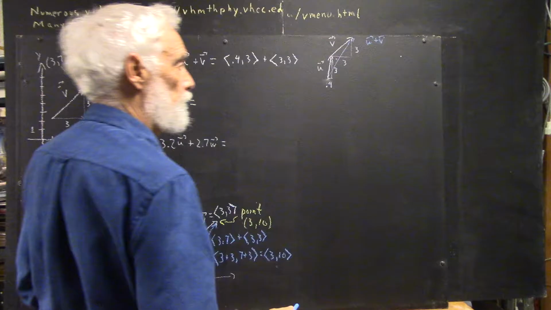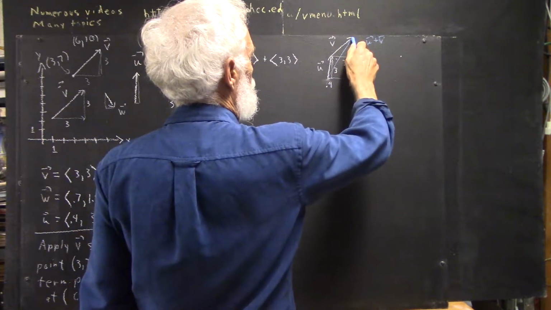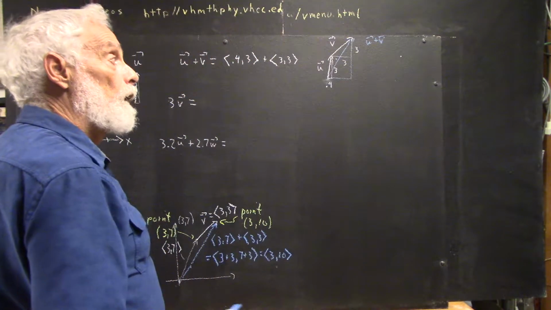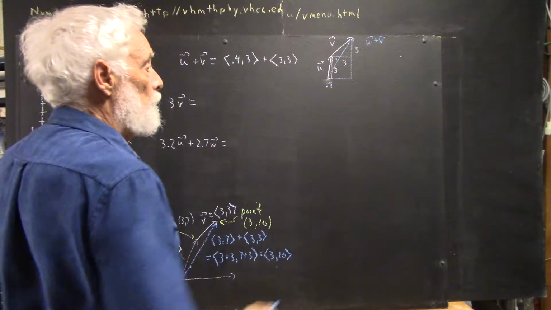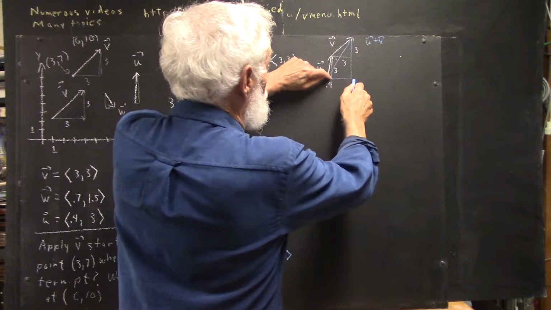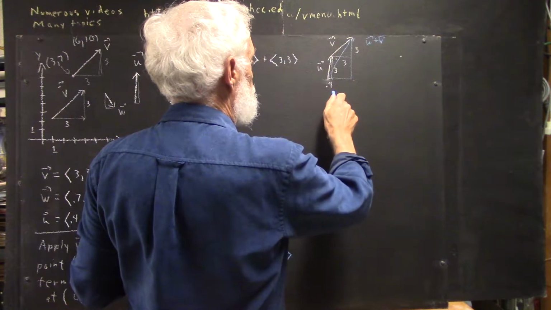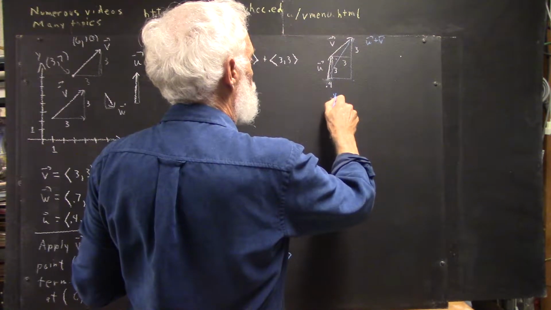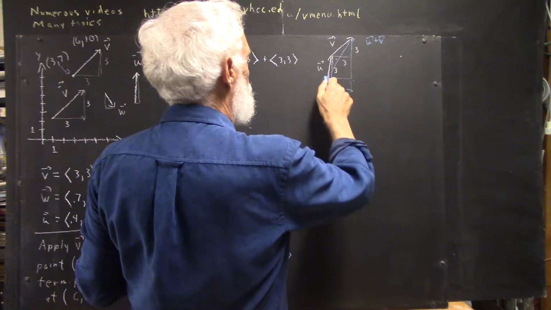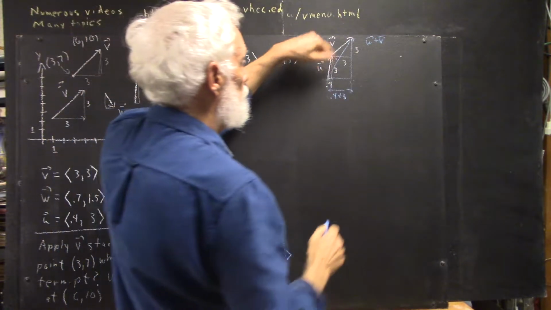And what does u plus v do? Well, it moves you this far in the x direction and this far in the y direction. How far are you moved in the x direction? Well, you moved 0.4 units by the u vector, and you moved another 3 units by the v vector. So this distance is 0.4 plus 3, the whole distance, and the distance here is 3 plus 3.